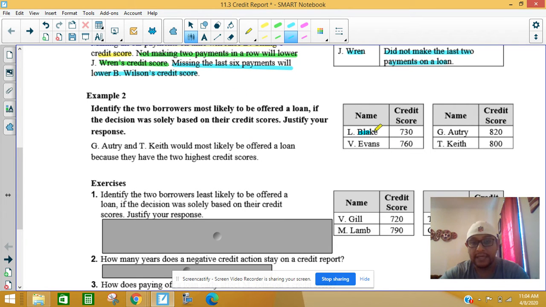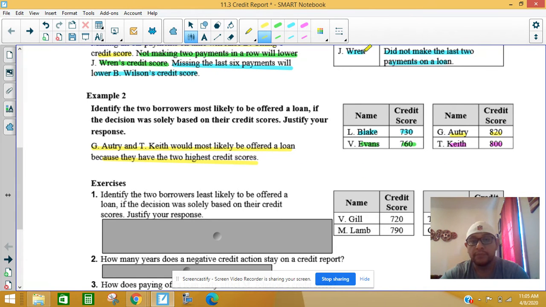So we have Blake with 730. We have Evans with 760. We have Audrey with 820, and we have Keith with 800. So at this point, Audrey and Keith will most likely be offered a loan because they have the two highest credit scores.